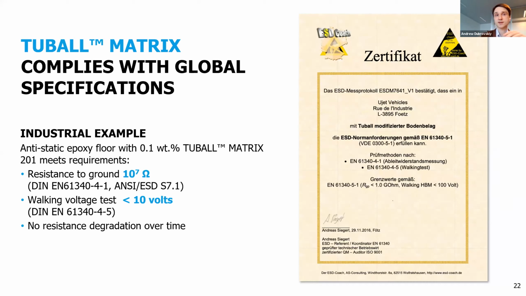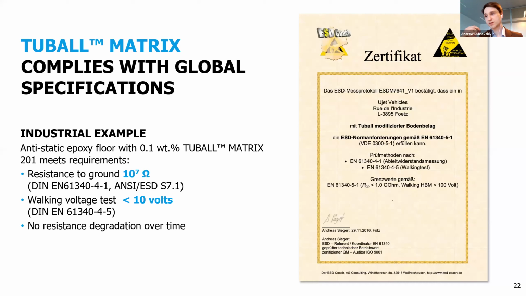And we have received many times from our customers that with other electrically conductive fillers, for example chopped carbon fiber, it's extremely hard to satisfy such requirements. And with chopped carbon fiber, the minimum voltage generation which they observed was at the level of 100 volts.